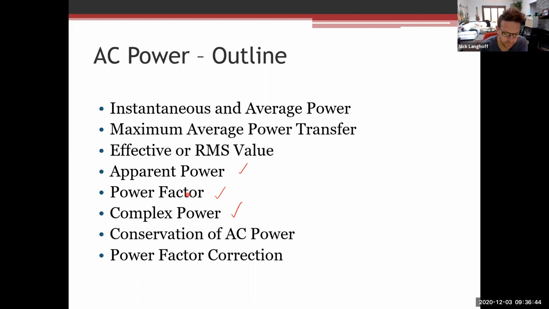You'll recall that when we were looking at instantaneous power, we found that at any moment there is average power being transferred.